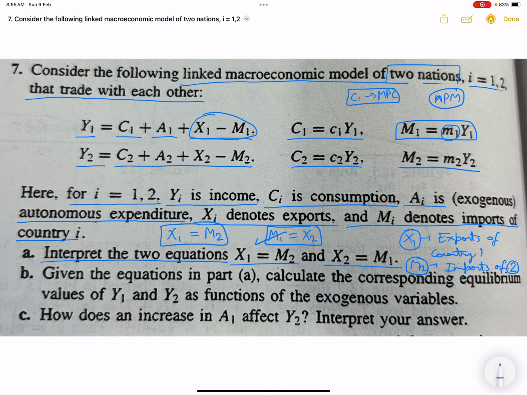So this is the interpretation for it. Now look at the second part. Given the equations in part A, calculate the corresponding equilibrium values of y1 and y2 as a function of the exogenous variables.